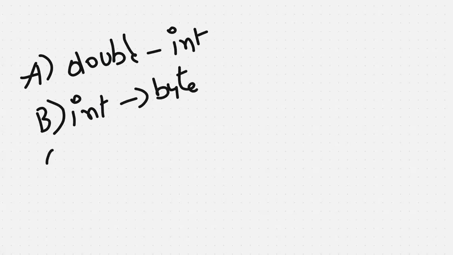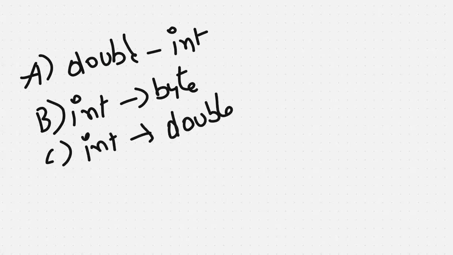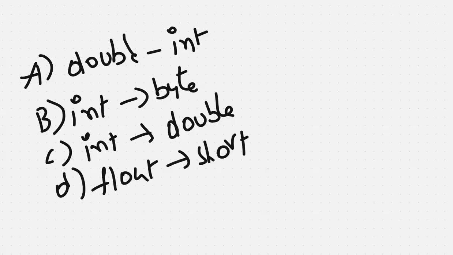Option C: int to double. Option D: float to short. So these are my options. So what is the question? Note here: which of the following is an implicit type conversion?